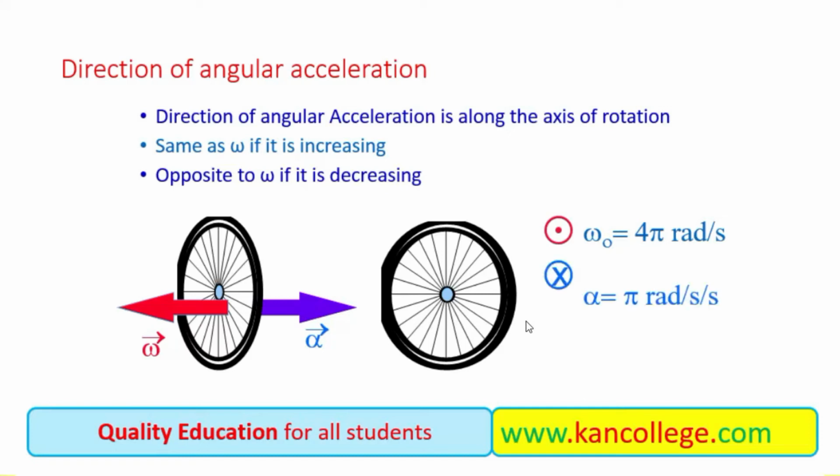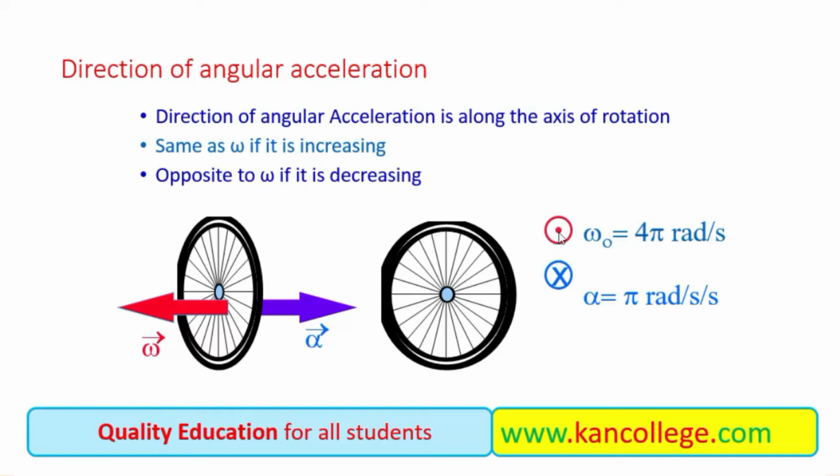But if the body is decreasing its speed, or becoming slow, at a rate of pi radians in every second, so its speed is getting slower in every second, it has negative acceleration, and the direction of negative acceleration will be opposite to the direction of angular velocity.